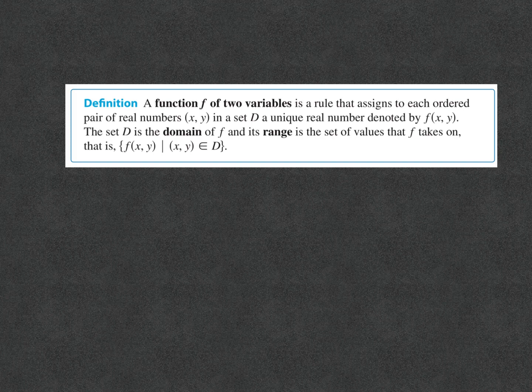So here we have a definition. A function of two variables is a rule that assigns each ordered pair of numbers x, y in a set D a unique real number denoted by f of x, y. So what that says is here we have our x, y graph. We have some point here, x, y, and this is our domain. So compare that to what you know, and it gets mapped to a range.